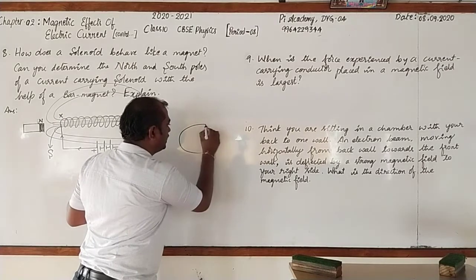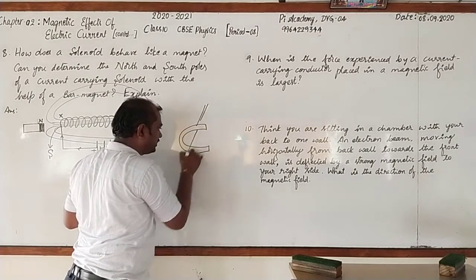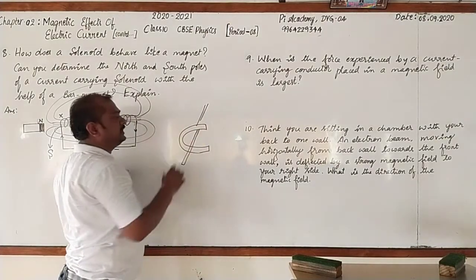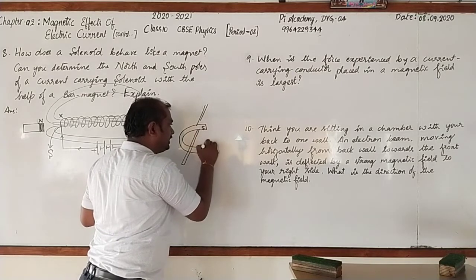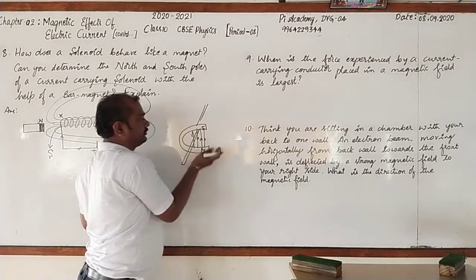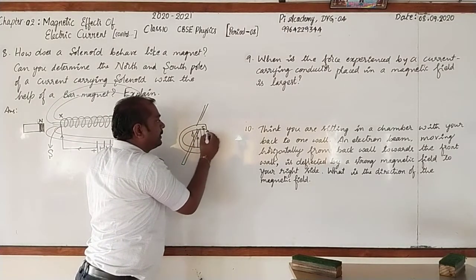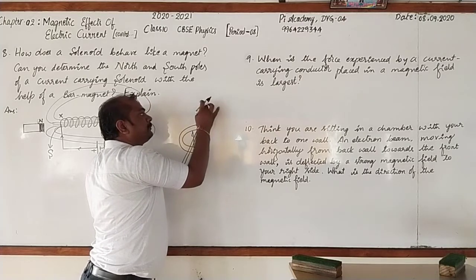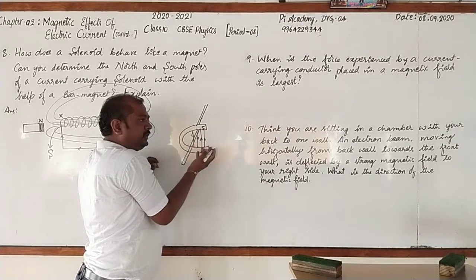This is a horseshoe magnet. Assume that we have taken a conductor in which the current is flowing, and if this is north and this is south, the lines of force will spread from north to south. Then you may go for placing the conductor carrying current in different ways.